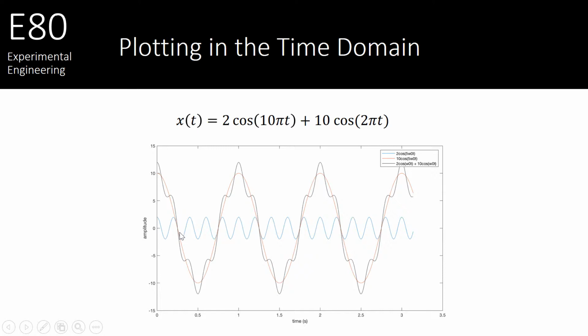And you can also see that the frequency of this one is much higher than the frequency of the 10 cos one. So the 10 cos one is this red one here, which is obviously moving with far fewer cycles, or much slower frequency, than the blue one. But you can see that it is scaled by 10, and like I just said, it's going much slower than the one scaled by 2.